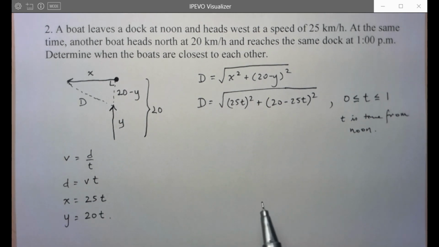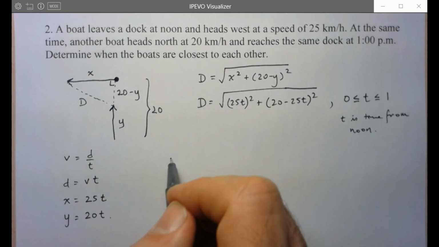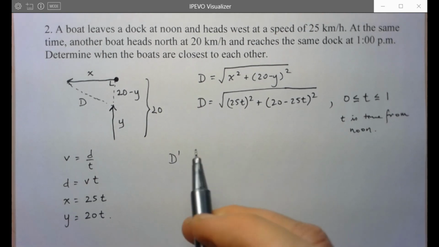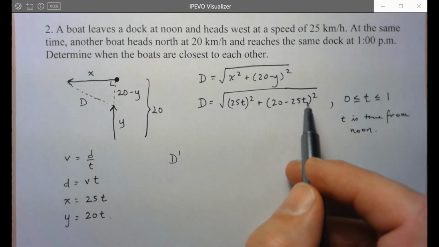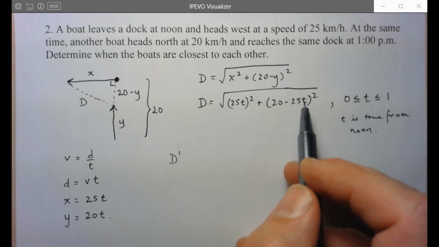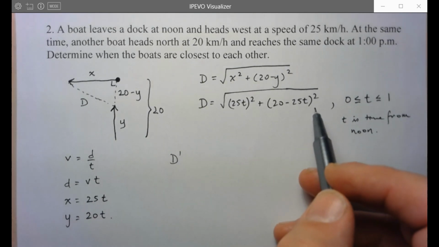All right, so let's now do the calculus portion. I have to take the derivative of this. I'm going to use d prime, but the assumption is that I'm taking the derivative with respect to whatever variable it's given in, so this is the derivative with respect to time. This whole thing inside is my u.